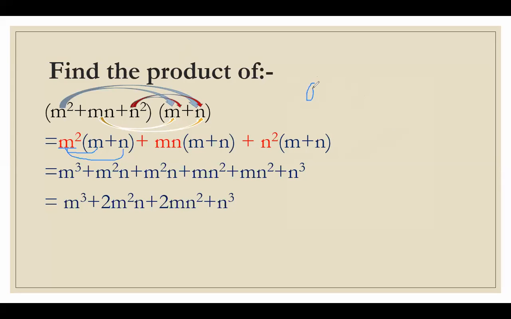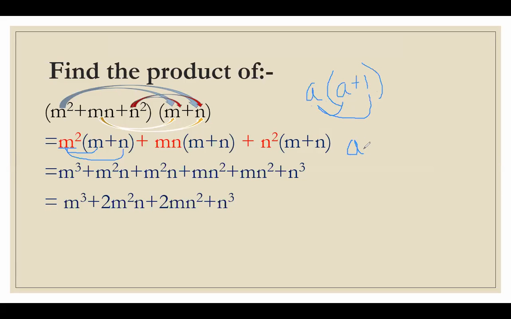Let me tell you one thing. If a is written outside the bracket and here a plus 1 is written inside the bracket, this a is not only going to be multiplied with this a. We have to multiply this a with this 1 also. What will we get as the answer?